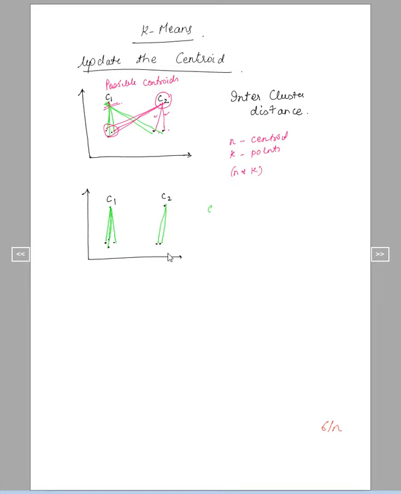So if C1 or C2 is a good centroid, then the sum of distances from the centroid to all the points of that cluster should be minimum. Quite intuitive.